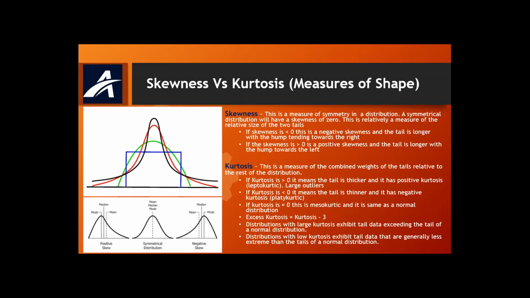We have three types. These are complex terms, but ideally, with time, they're going to make much more sense. Let me start with the ones that are different: the leptokurtic distribution and the mesokurtic distribution.